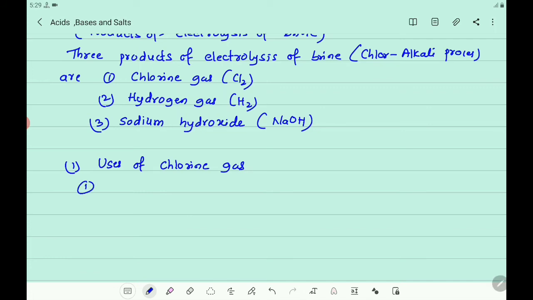First one, it is used for water treatment. Second use, it is used in swimming pool as disinfectant.